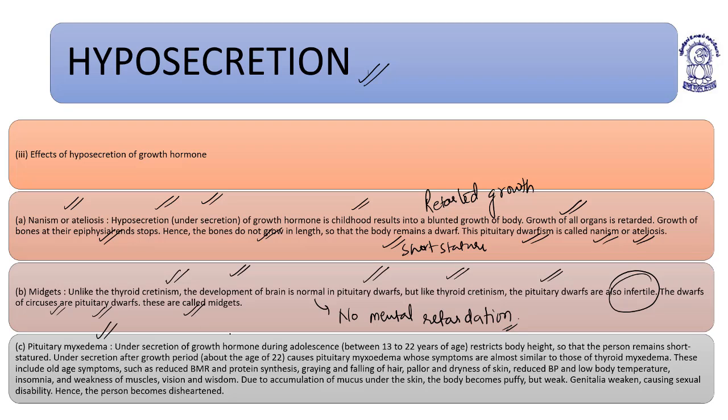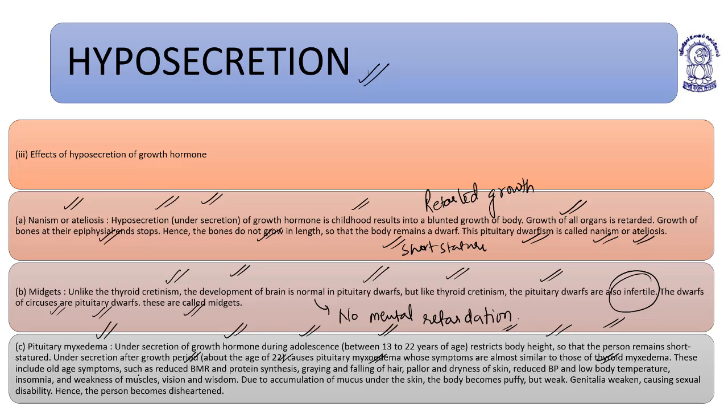Pituitary myxedema. Undersecretion of growth hormone during adolescence, between 13 to 22 years of age, restricts body height so that the person remains short statured. Undersecretion after the age of 22 causes pituitary myxedema, whose symptoms are almost similar to thyroid myxedema.